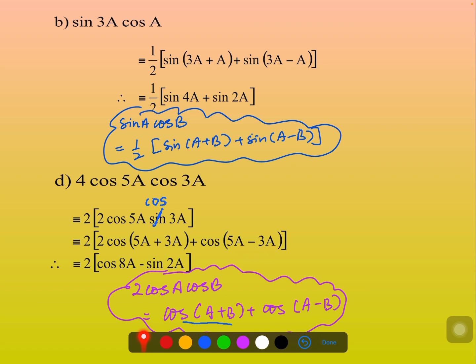So we will have here cos... 2 cos 5a plus 3a is cos 8a, minus cos 5a minus 3a will be cos 2a.